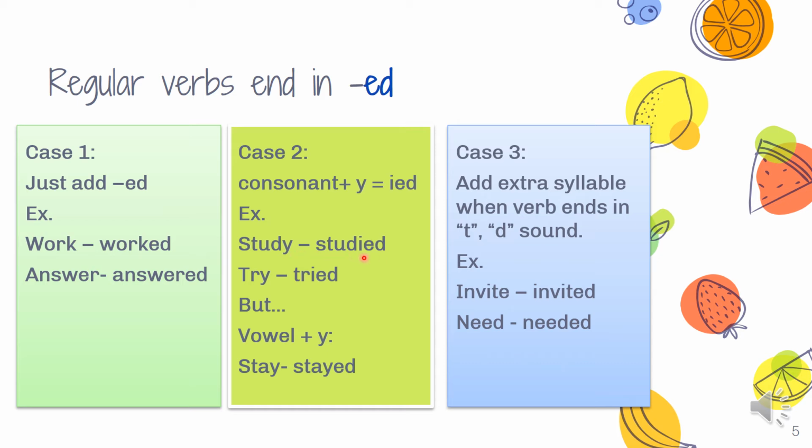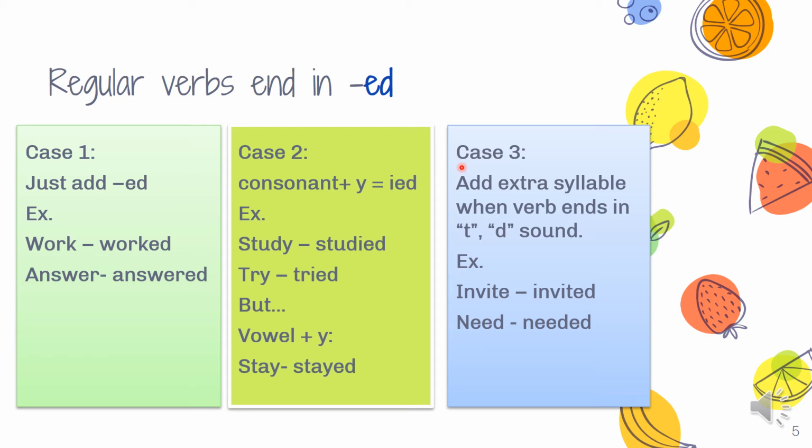Y changes into an I. Try, tried. But if you have a vowel plus a Y, nothing happens, just add ed and no change for the Y. Stay, stayed. Fine.